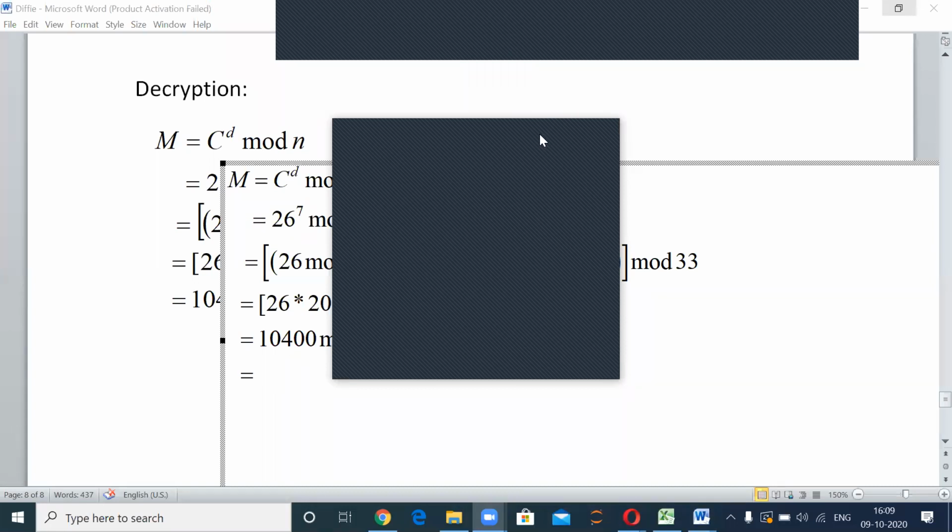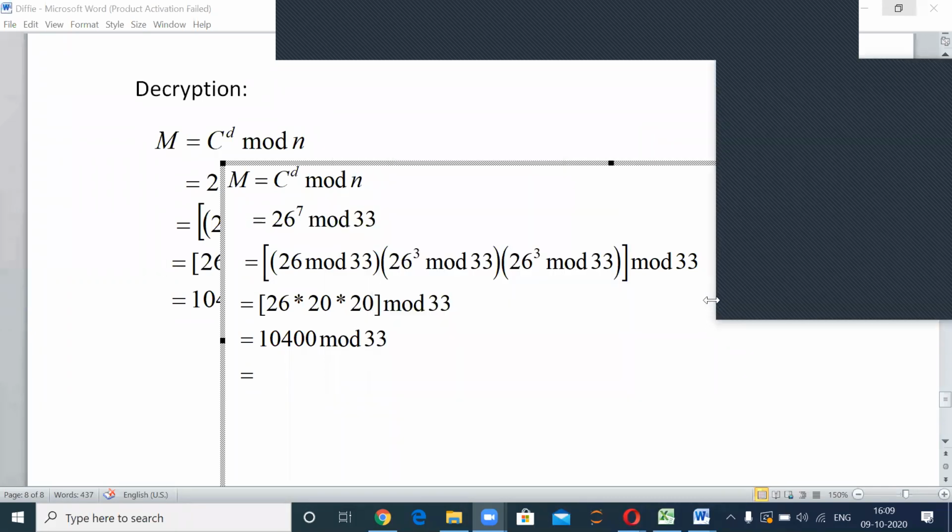Already in the morning session, I said that in decryption we can blindly say, but you calculated anyhow. What is the remainder? Is the screen visible clearly?